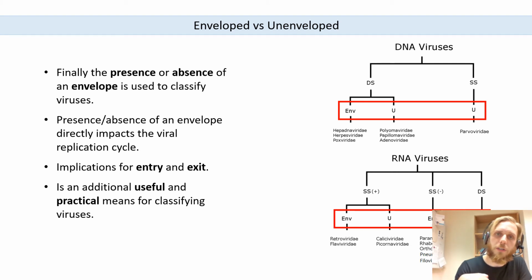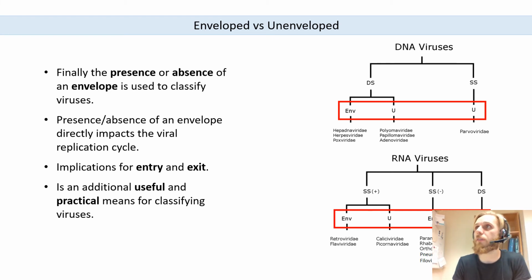When it enters into a new cell, usually the viral envelope then fuses with the host cell membrane. So it's essentially using it as a bit of a transport vessel to get from cell to cell. It gives it a bit of protection, and sometimes embeds certain proteins in the envelope that help it attach to new cells.